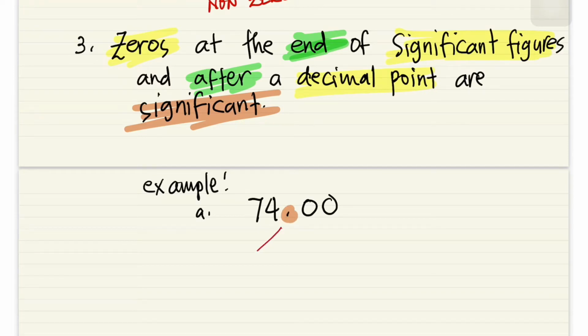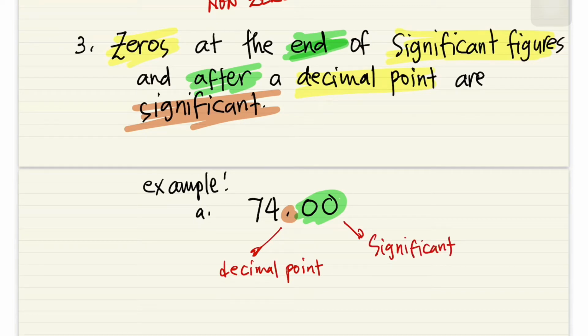You have a decimal point, so the zeros after the decimal point become significant because they come after the decimal point.